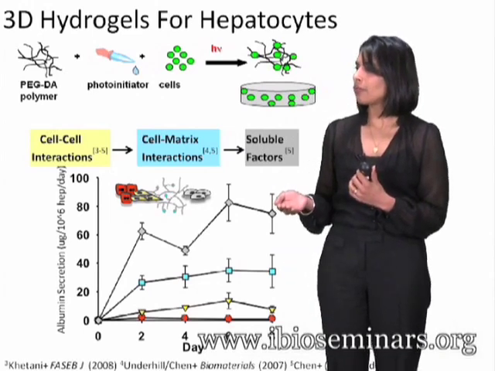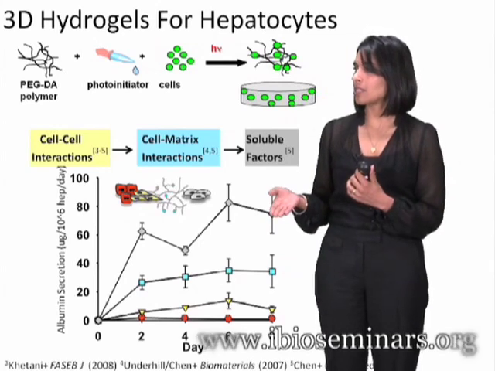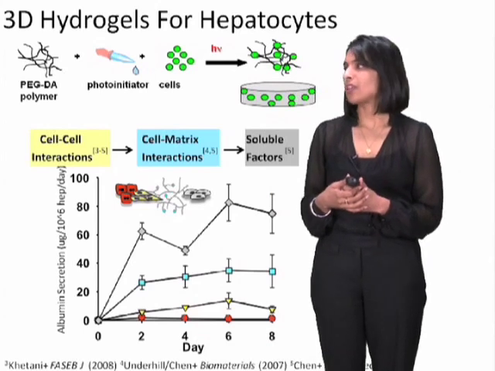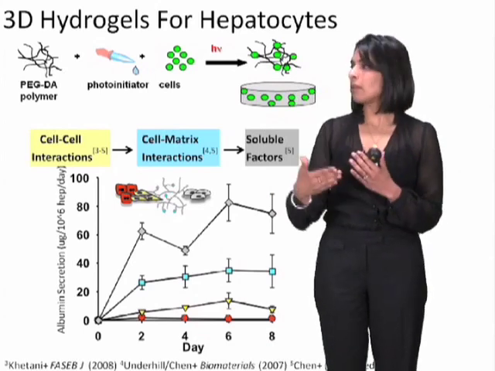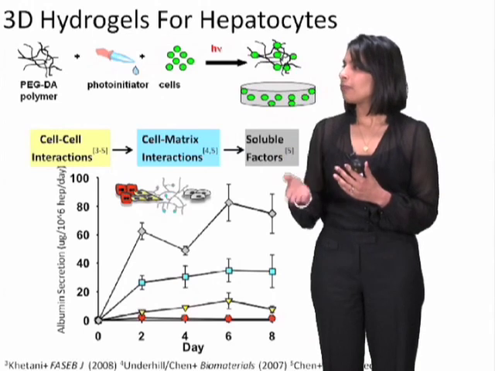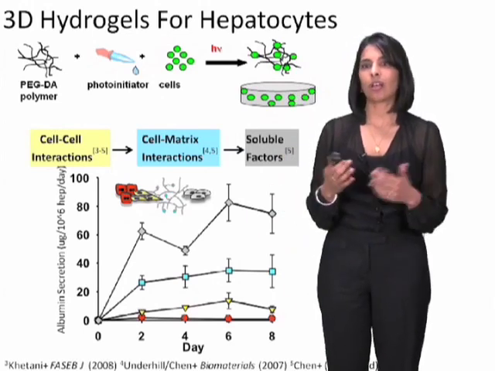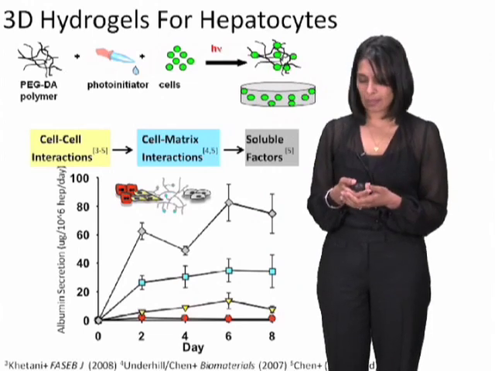And finally, if one adds a third cell type which exists in the liver, the endothelial cells, which are the natural neighbors to the hepatocytes and normally live only 1 micron away from the hepatocyte, if one adds those into the network, now one can get a highly functional liver cell in this photo-encapsulated system.